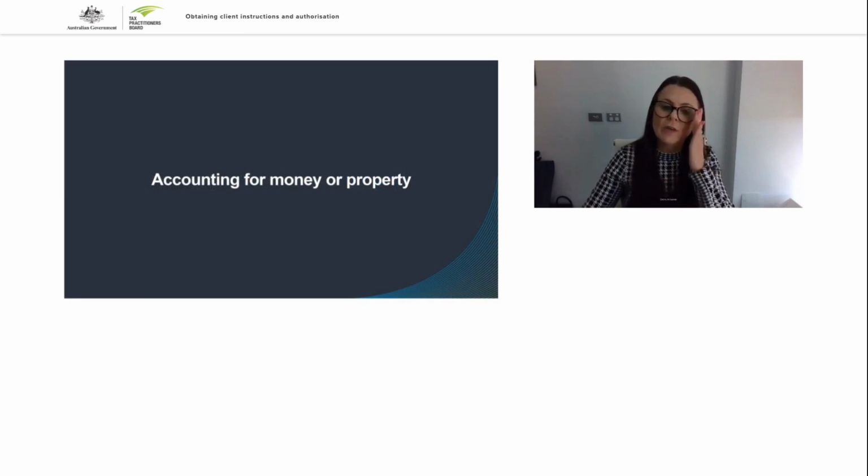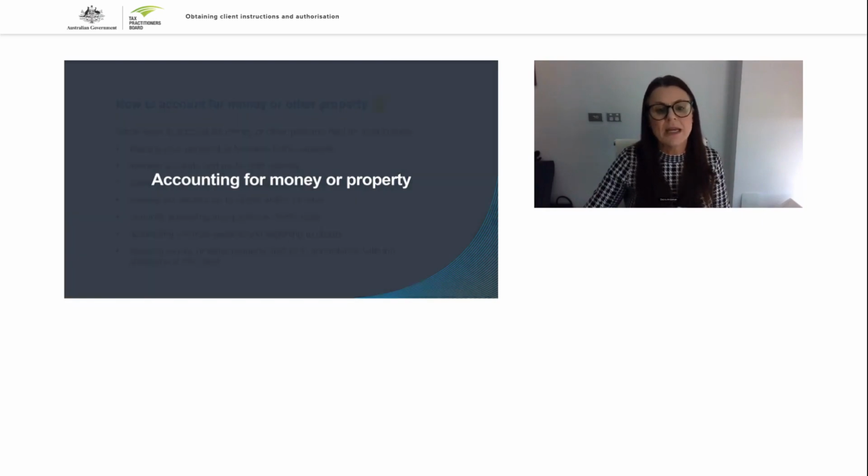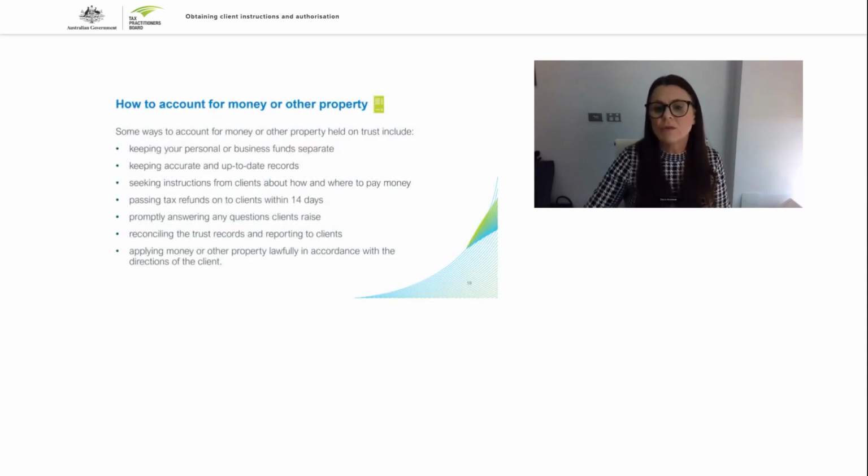So let's have a look at how you can account for money or property that you hold on trust for a client. Some ways you can account for money or other property held on trust for a client include, as I mentioned earlier, keeping your personal or business funds separate from any trust money, preferably in a separate bank account, keeping accurate and up-to-date records of any dealings in relation to the money or other property held on trust, seeking prompt instructions from clients about how and where to pay money or other property received on their behalf, and then paying or providing that money or other property to the client in a timely manner.